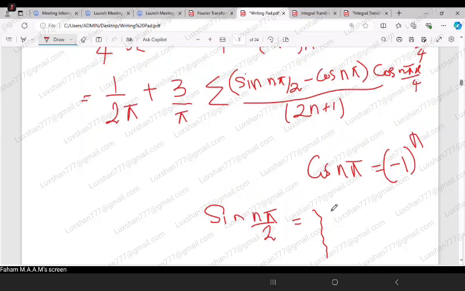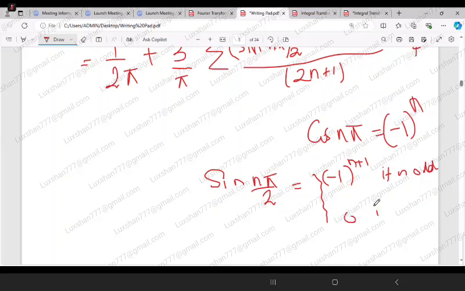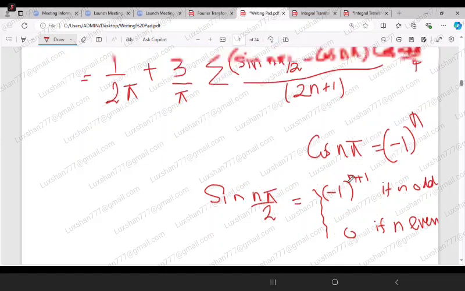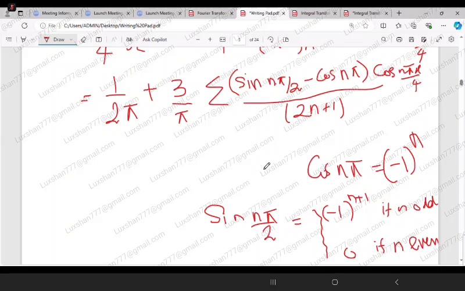It is (minus 1) to the power (n plus 1) by 2 if n is odd, and 0 if n is even. Those kinds of simplification you can do here.